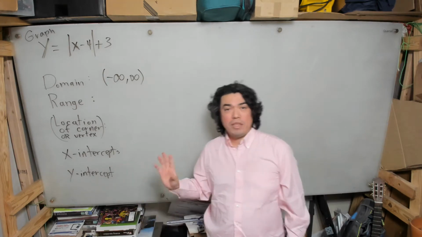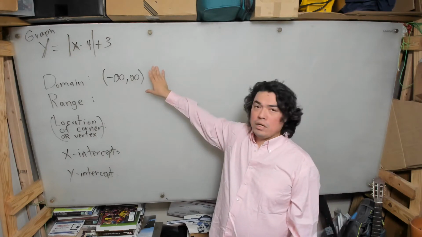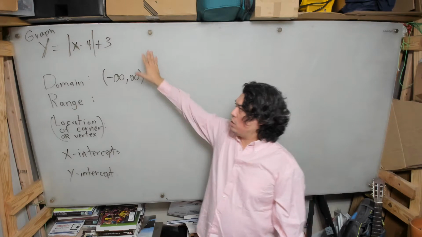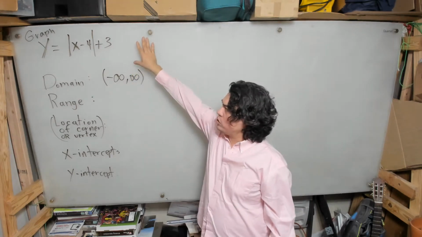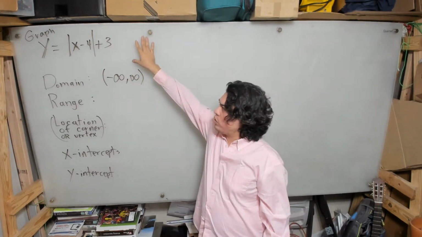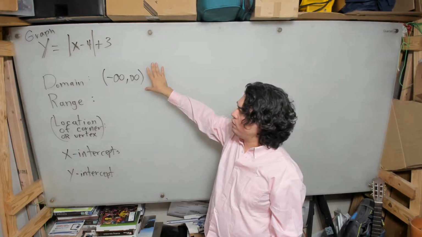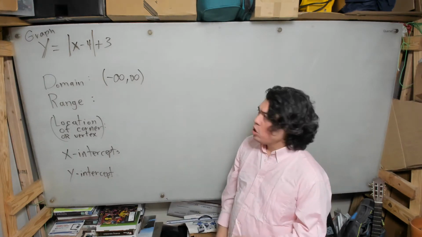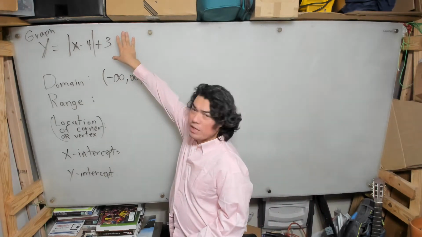But as far as a mathematical construct in our case, negative infinity to infinity is the domain of this equation's graph. That is to say, all the values of x which make sense to use with this.